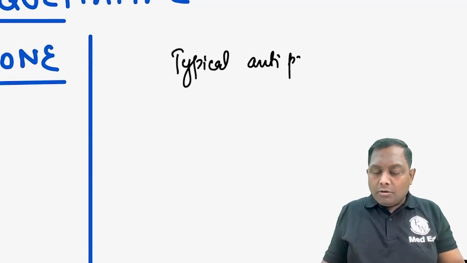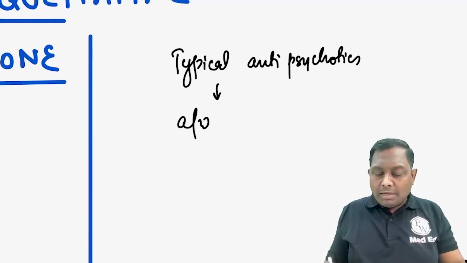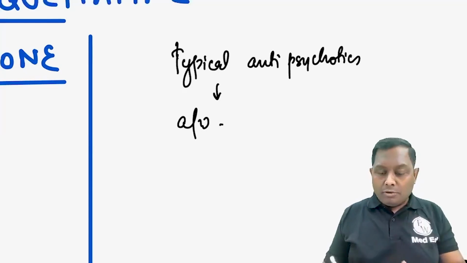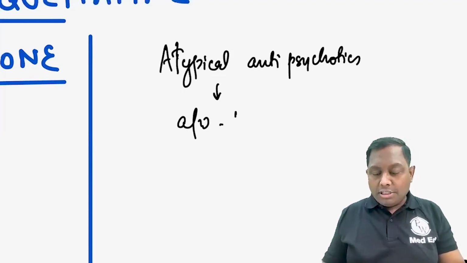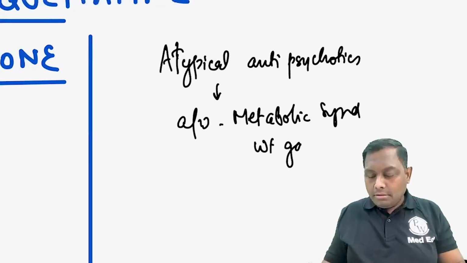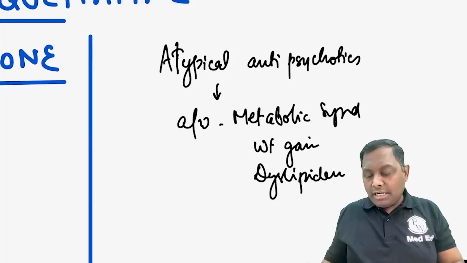Typical antipsychotics are mainly associated with extrapyramidal symptoms. I told you, atypical antipsychotics are associated with metabolic syndrome, weight gain, dyslipidemia. All these side effects are associated with them.